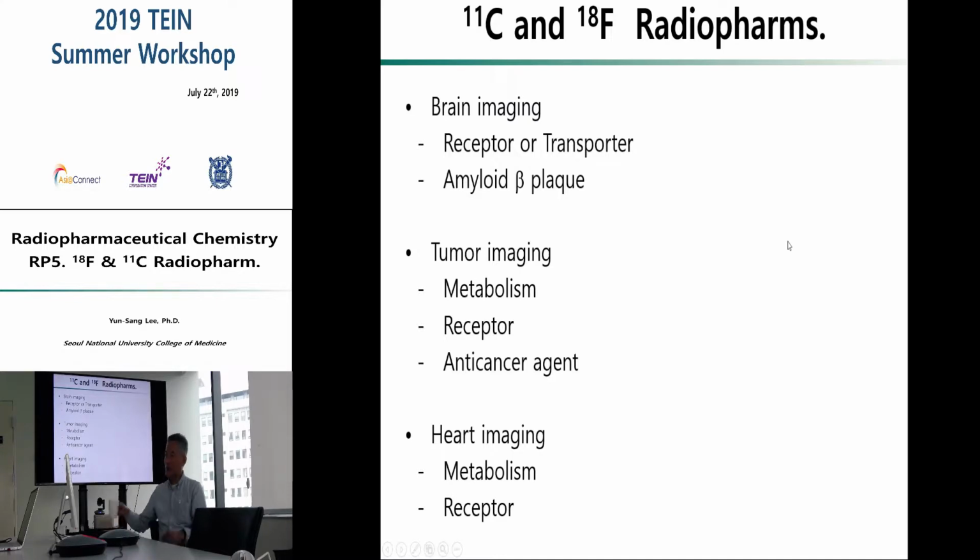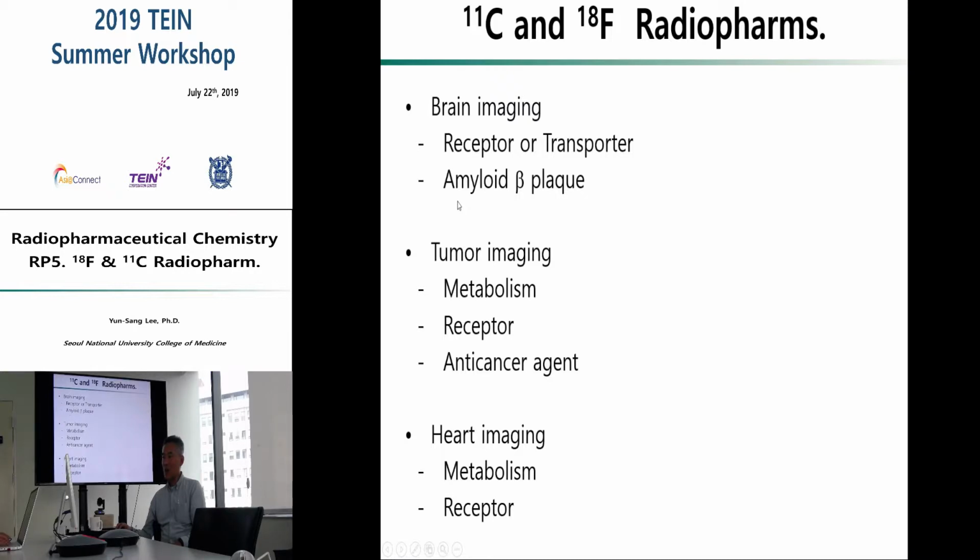F18 or C11 radiopharmaceuticals are related to brain, tumor, and heart or cardiovascular imaging. Mainly brain imaging is related to receptors or transporters. Earlier that was called the transporter, but nowadays this is the reuptake site, not the transporter.